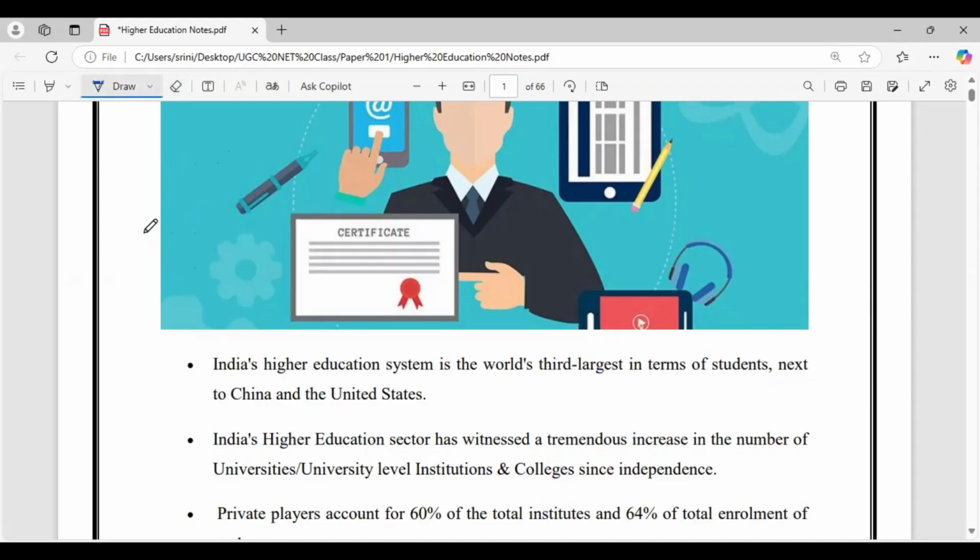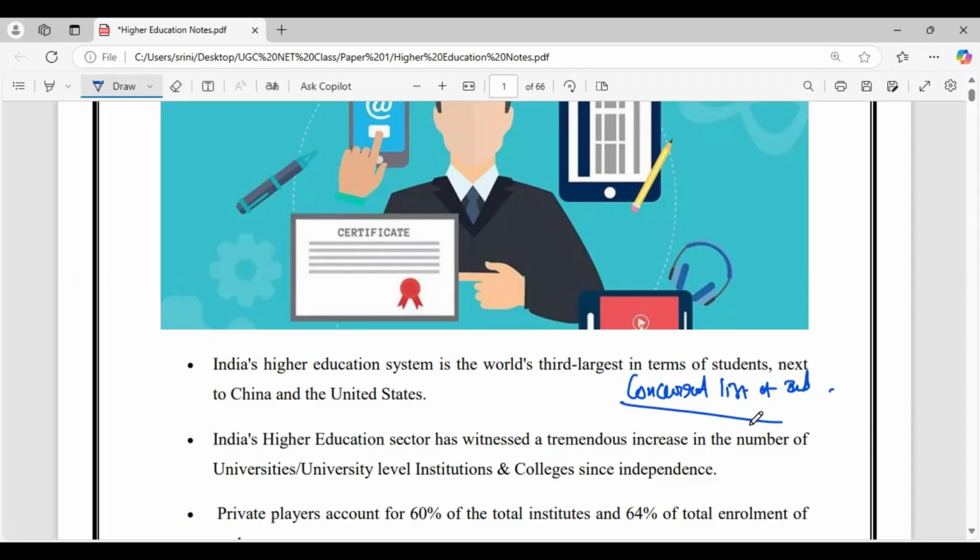In our education system, education is in the concurrent list of the Indian education system, which means that both the state government and the union government can make policies and share rights on the education system.